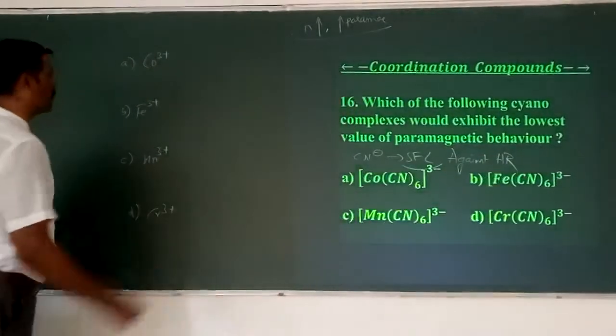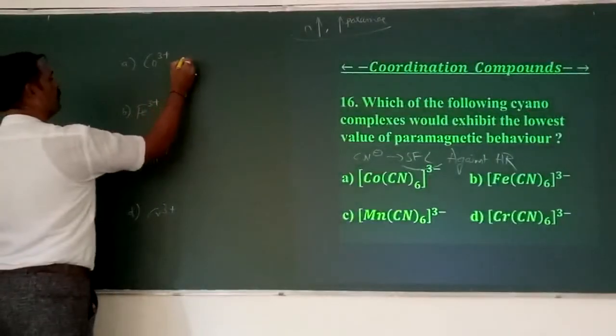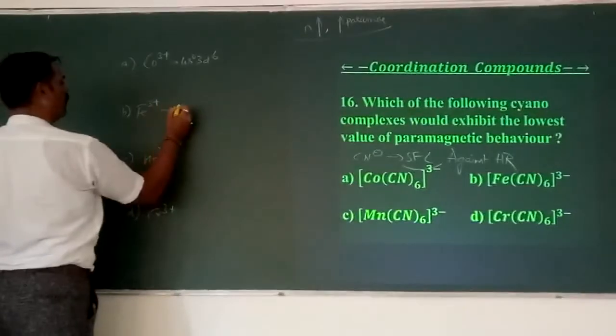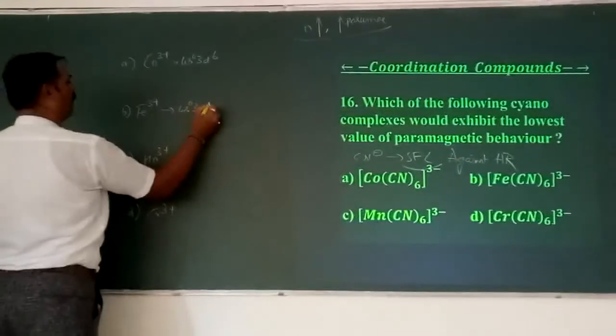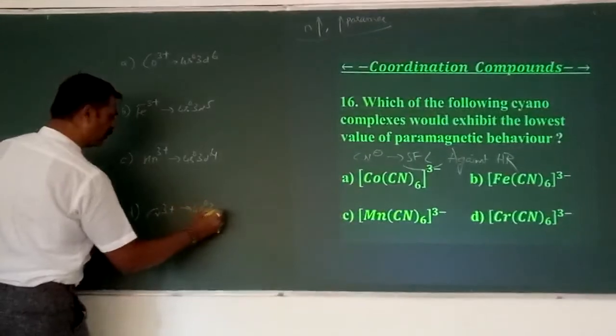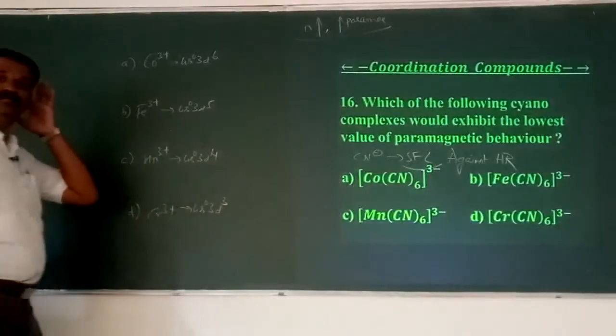On that basis, let's have first 4s0 3d6 here, 4s0 3d5, 4s0 3d4, 4s0 3d3.